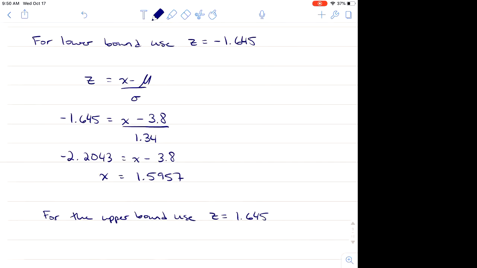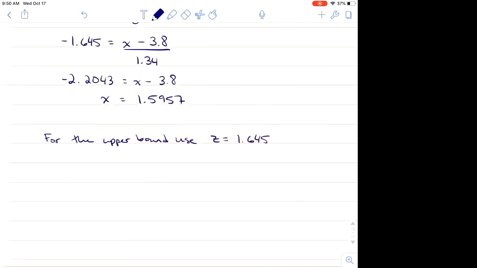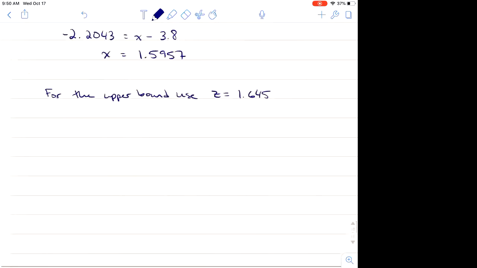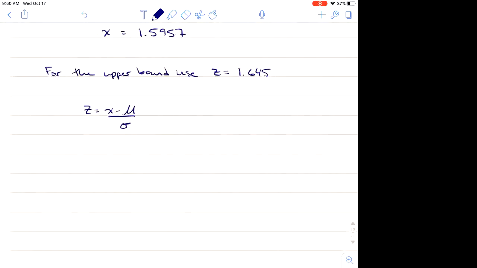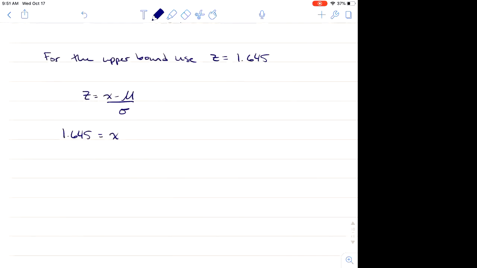Just the positive value. So then again, we do the same thing. Now z is still x minus mu over sigma. So z, we use 1.645, is x, which we're solving for. And if you wanted to use your formula for x on your formula sheet, you're welcome to. Mu is 3.8 and sigma is still 1.34.